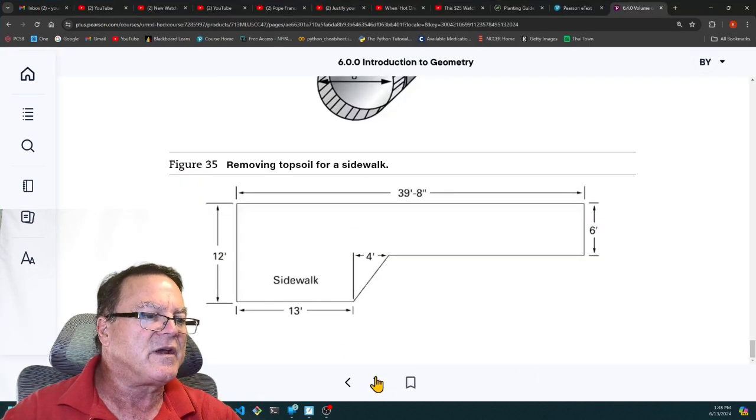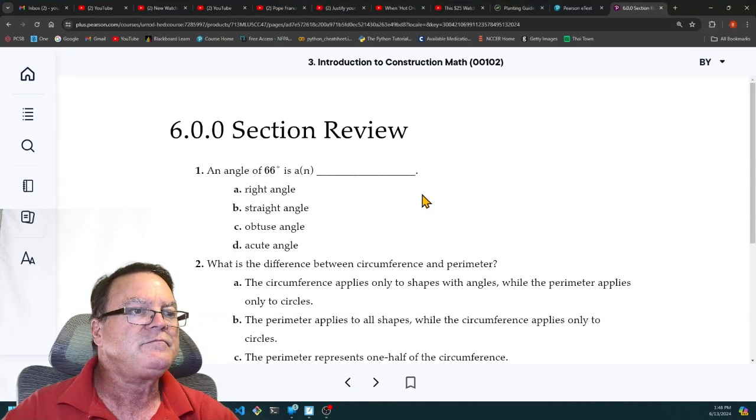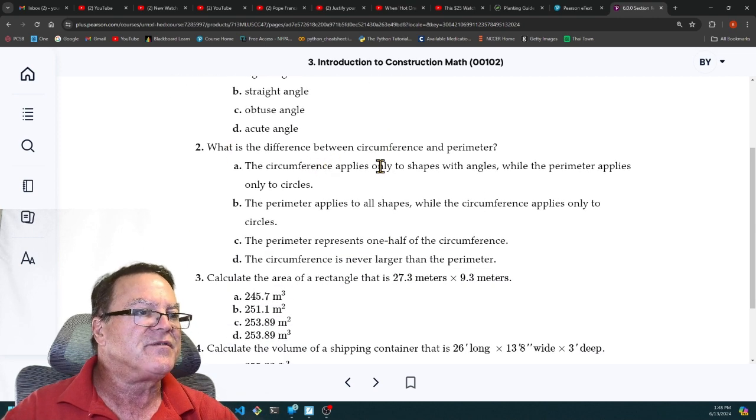Let's see what else we have here. Section 6 review. An angle of 66 degrees is an acute angle. It's less than 90. What is the difference between the circumference and the perimeter? Circumference applies only to shapes with angles, while the perimeter applies only to circles.